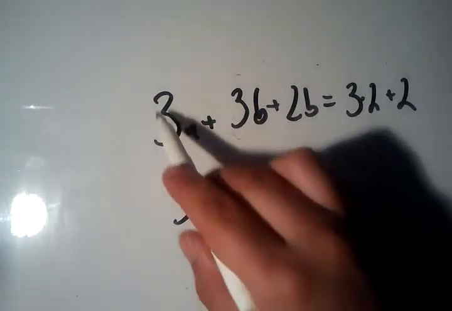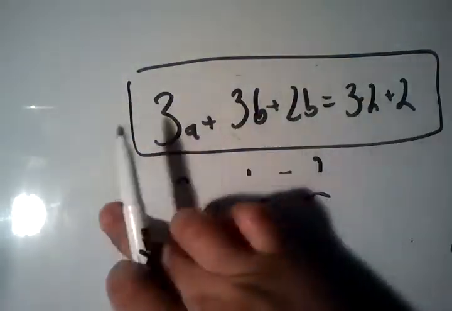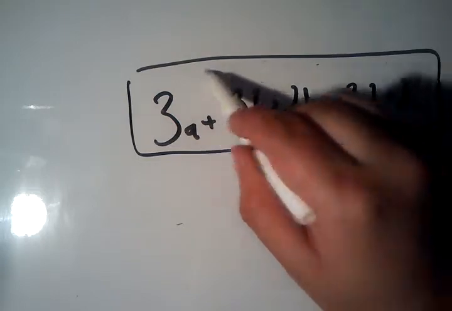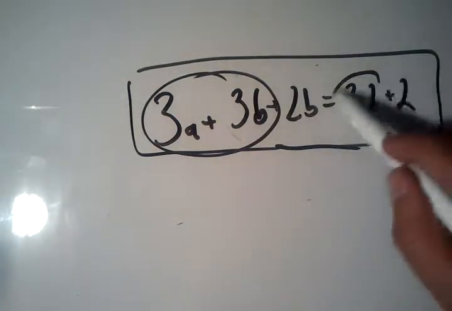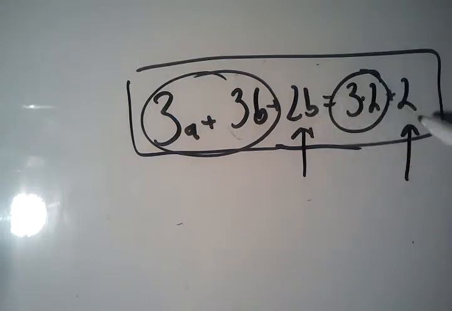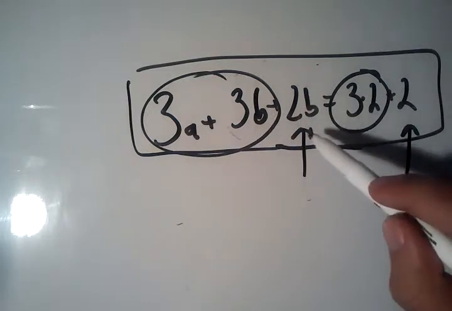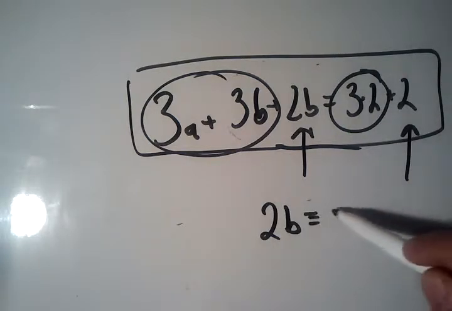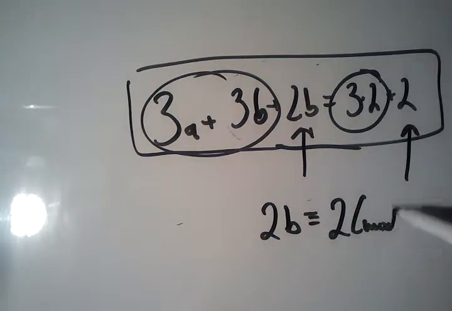So let's analyze this top equation right here. We'll write this one back later. So this top equation, you see that this is a factor of 3 right here, and this is a factor of 3. So the remainders, this and this, if a and b are integers, means the remainders have to be equal. So 2b has to be congruent to 2 mod 3.